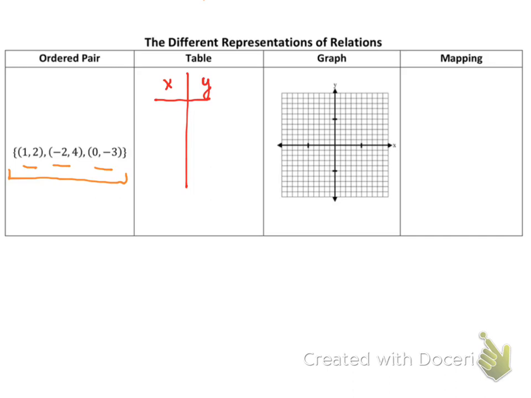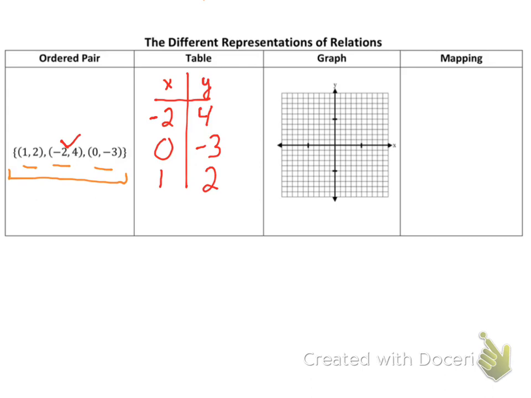The lowest x value you see there is -2, and its corresponding y value is 4. Next is 0. The output there for 0 is -3. And then next we've got 1, 2. While it's not necessary to put it in order like we did there, that's very common to see.